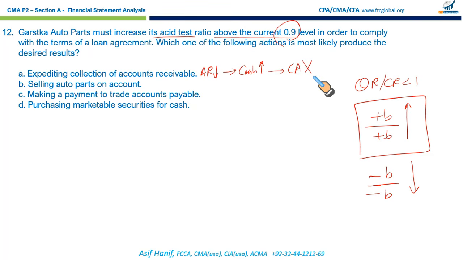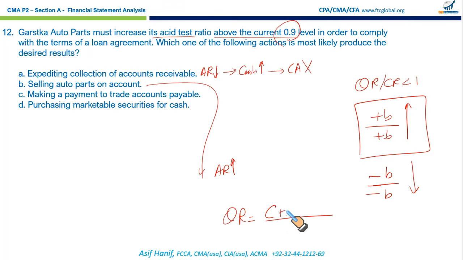Selling auto parts on account. Yes. When you sell your auto parts on account, it will cause your accounts receivable to increase. Why? Because remember, in the quick ratio, we have three things in our numerator: cash, marketable securities, and accounts receivable, upon current liabilities. So when you sell auto parts on credit, your accounts receivable go up.